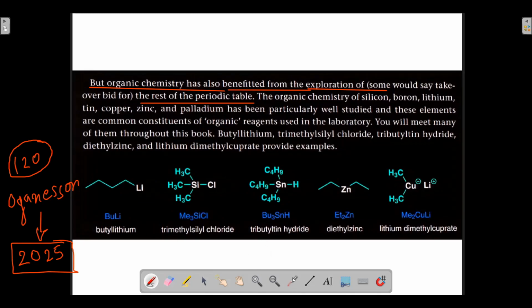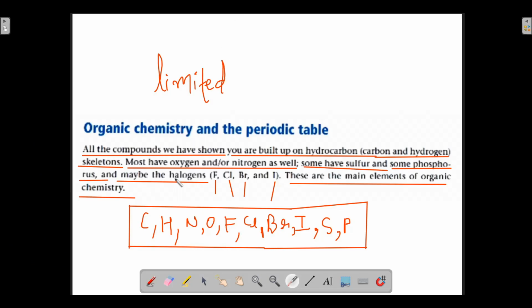The periodic table contains elements from atomic number 1, hydrogen, up to atomic number 120, Oganesson. Organic chemistry has benefited from exploration of the rest of the periodic table, because the elements other than these main ones form the rest of the periodic table.